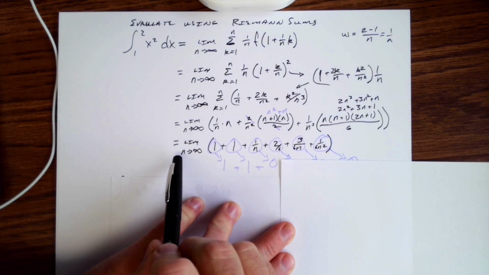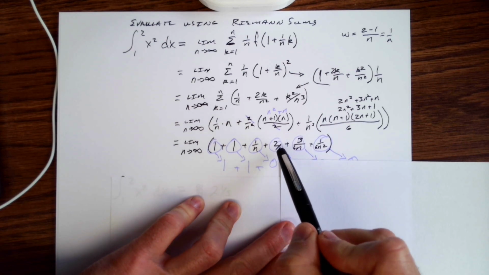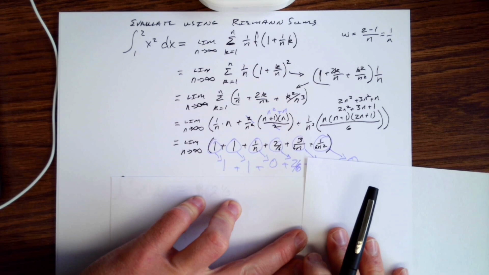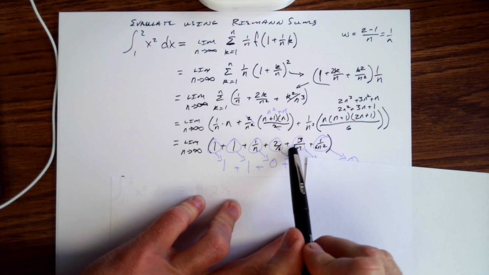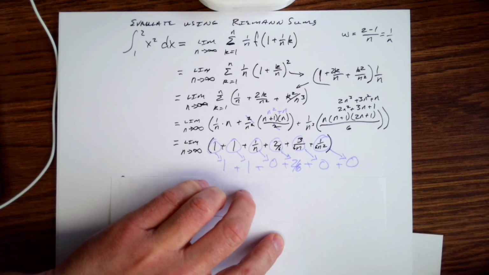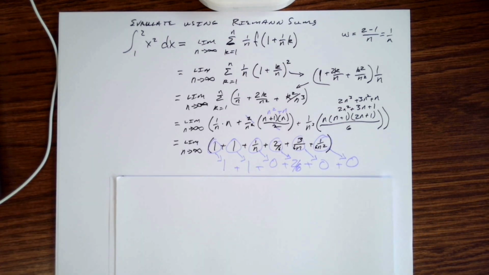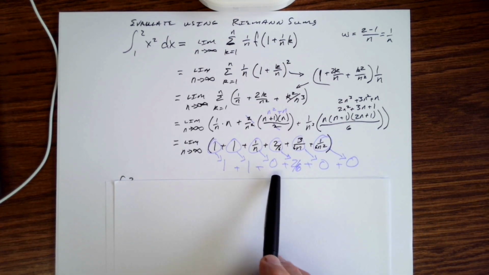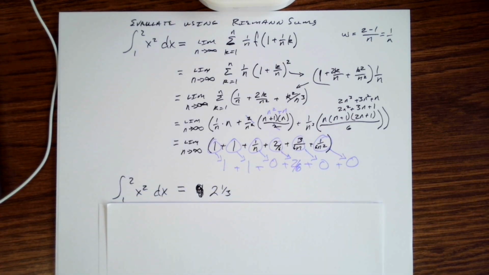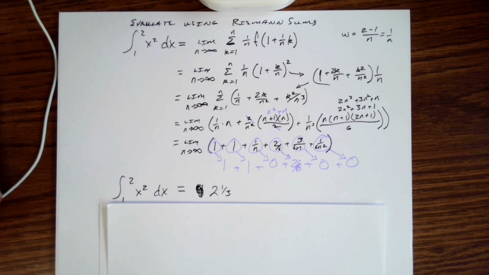As n goes to infinity, 2 over 6 stays 2 over 6, or 1/3. As n goes to infinity, 1 over 6n goes to 0, and of course the last one goes to 0 as well. So what I have there is 1 plus 1 plus 0 plus 2 over 6 plus 0 plus 0, which gives us 2 and 1/3. That's what that integration works out to be.